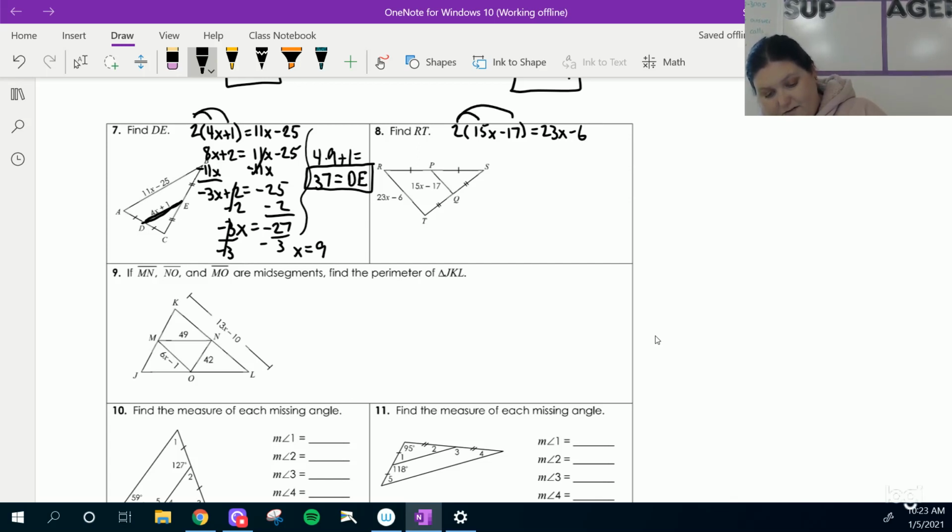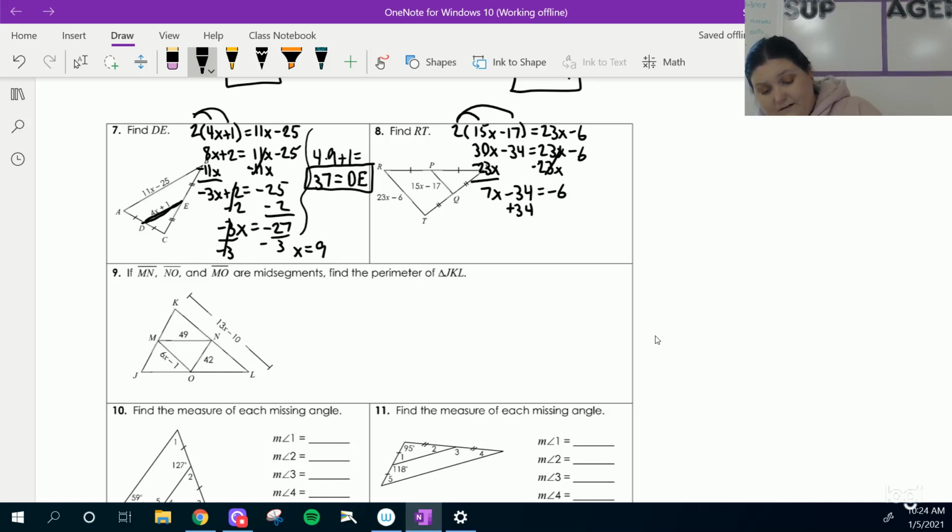I'm going to distribute the 2, so I get 30x minus 34 equals 23x minus 6. Then I'm going to subtract 23x on both sides. So I get 7x minus 34 equals negative 6.